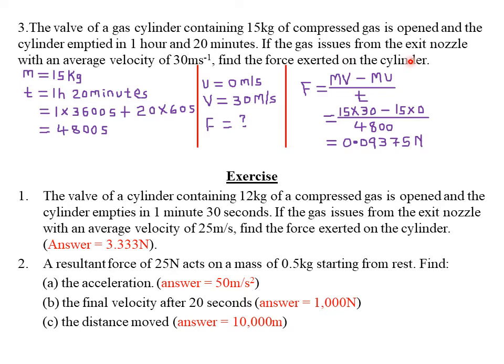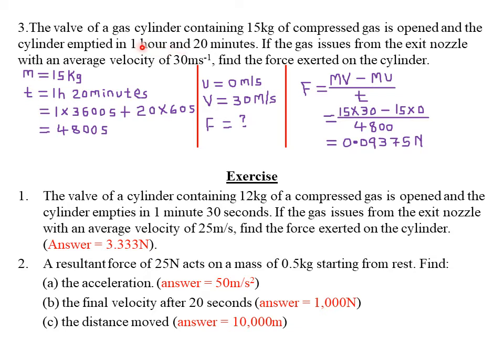As usual, we just highlight the values that you have been provided by the question. So you are told that the valve of a gas cylinder containing 15 kilogram of compressed gas, so that is the mass of the gas is 15 kilogram, is opened and the cylinder emptied in 1 hour 20 minutes. Because this is time, we know that the SI unit of time is seconds.